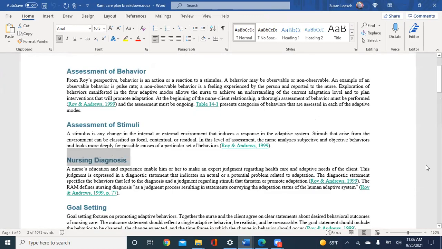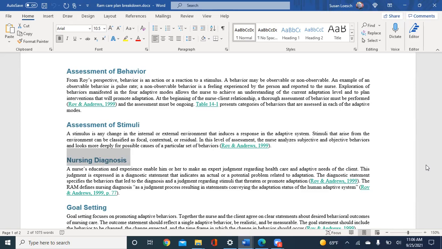So from her perspective, as patients, we behave or react to a certain stimulus. An example of observable behavior, if you look at the bottom of your care plan, where you have behaviors down there, would be something like the patient's pulse. That's something you can measure, something you can feel, and something that you as the nurse can describe.